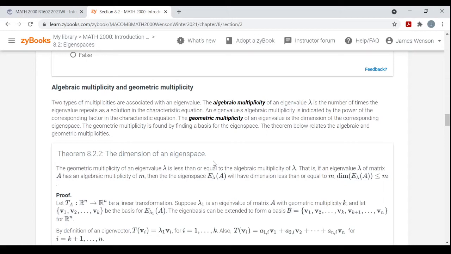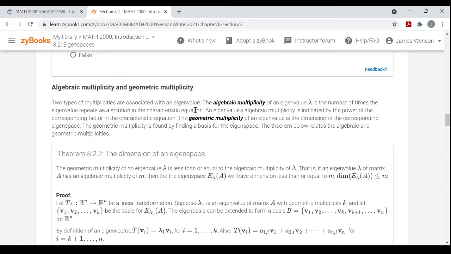Well, you have two different kinds of multiplicity for any particular eigenvalue. So two types of multiplicities are associated with an eigenvalue. The algebraic multiplicity of an eigenvalue, lambda, is the number of times the eigenvalue repeats as a solution in the characteristic equation.